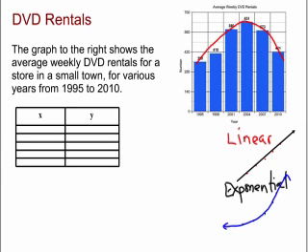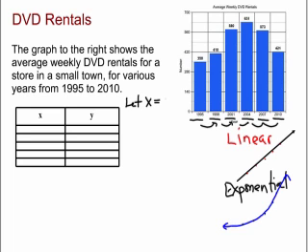So I'm going to let x equals 0 correspond to 1995. And then every 3 years will be my other years, 1998, 2001, 2004, etc. So we'll start with 0, then we'll go up by 3 years.